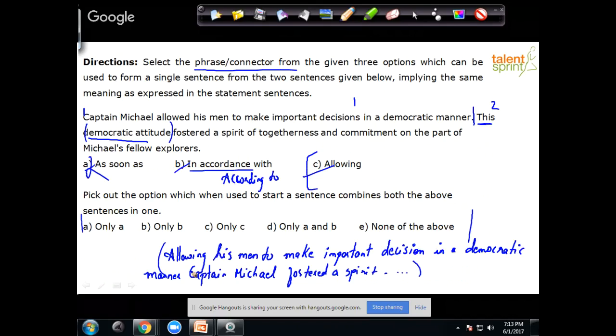Right? Because, Pratibha, when you use as soon as somebody gave permission for someone to do something, something should happen.